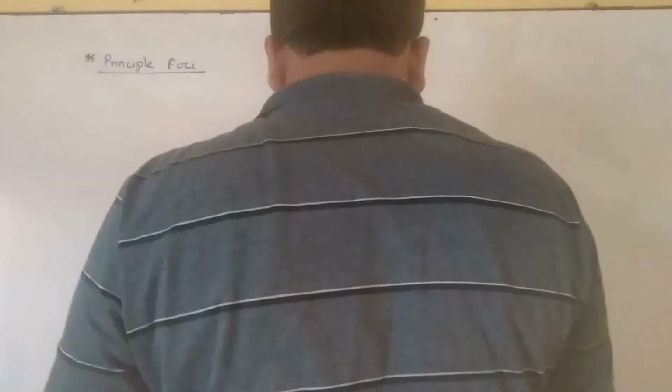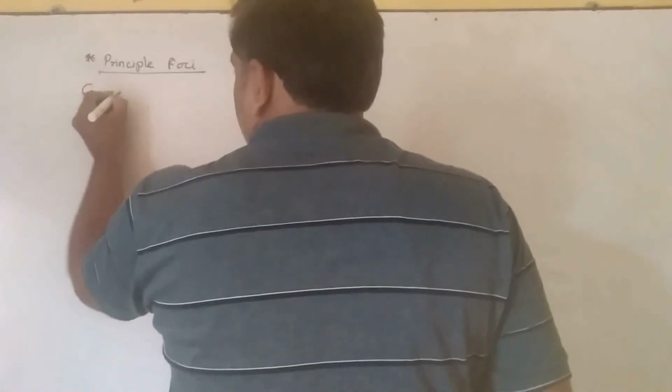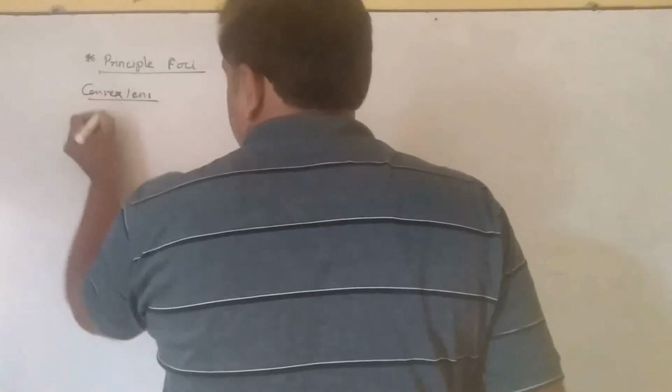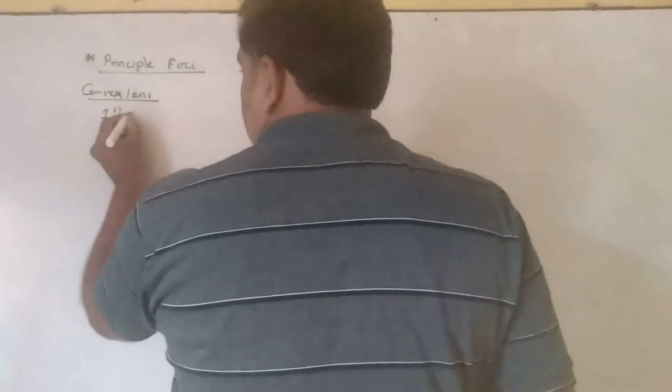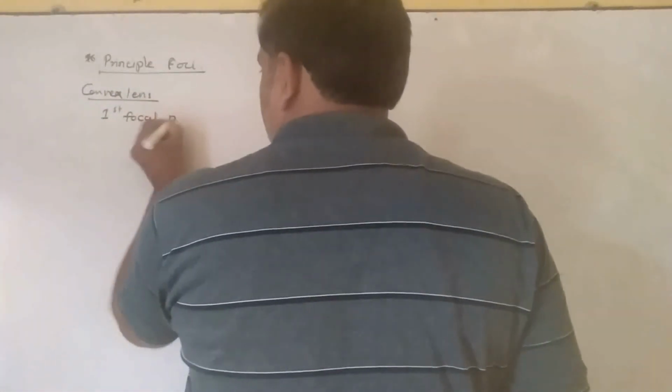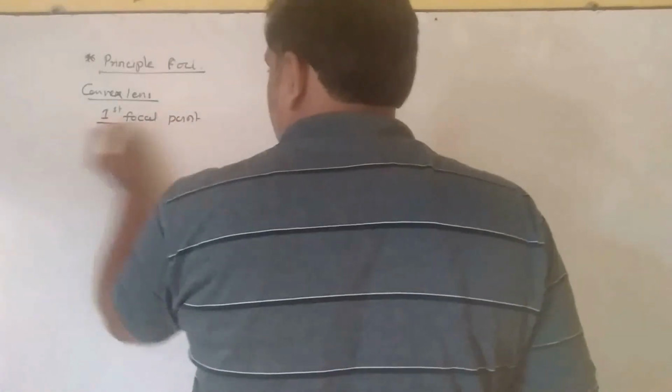So foci is given. Okay. Now, first focal point for the convex lens. Convex lens. First focal point. What is first focal point?